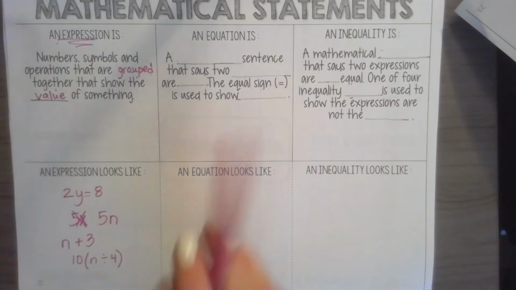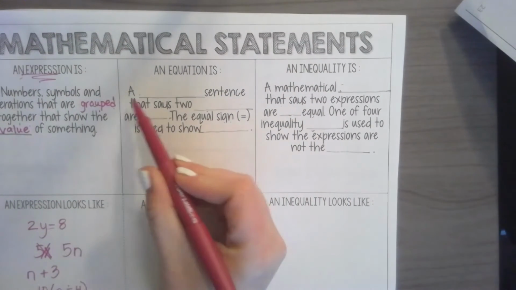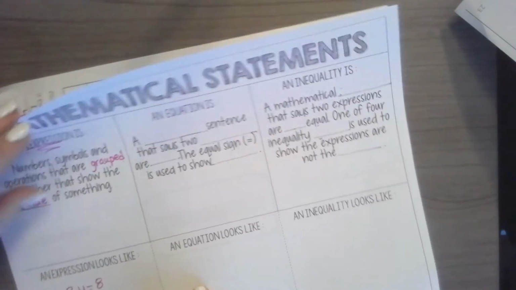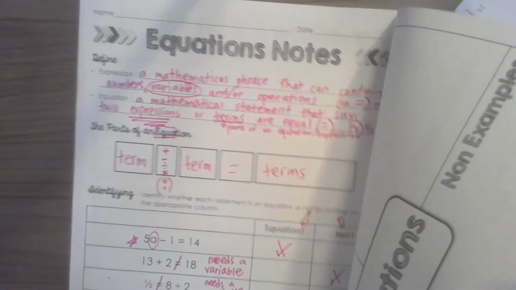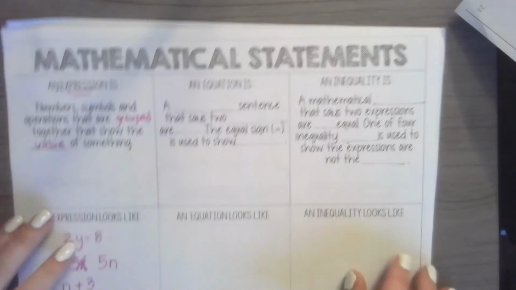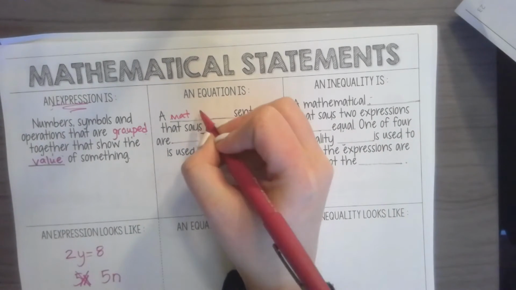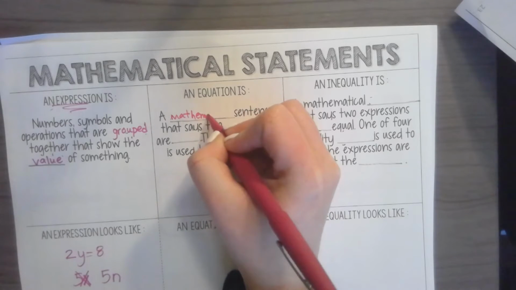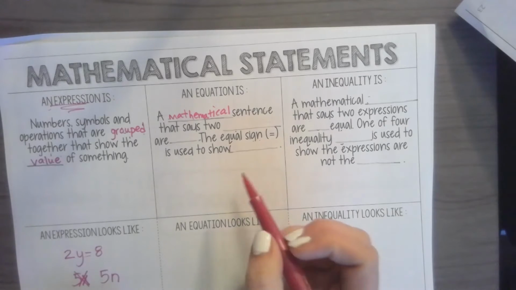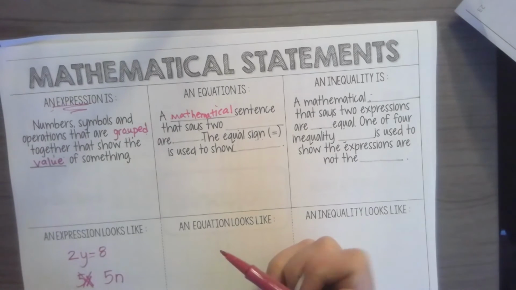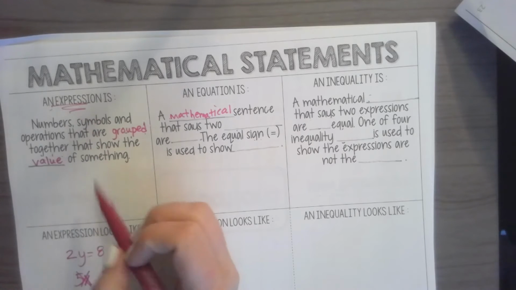So then let's go over to our equation. What do you think? A blank sentence. What kind of sentence? We looked right in our notes from yesterday. A mathematical sentence that says two expressions are equal. Remember, I just talked about how it's going to say how two expressions are equal.